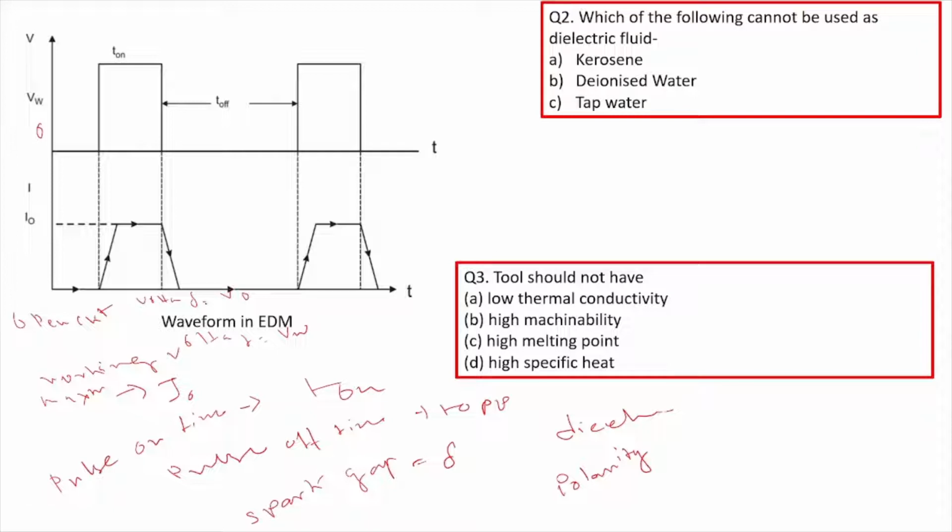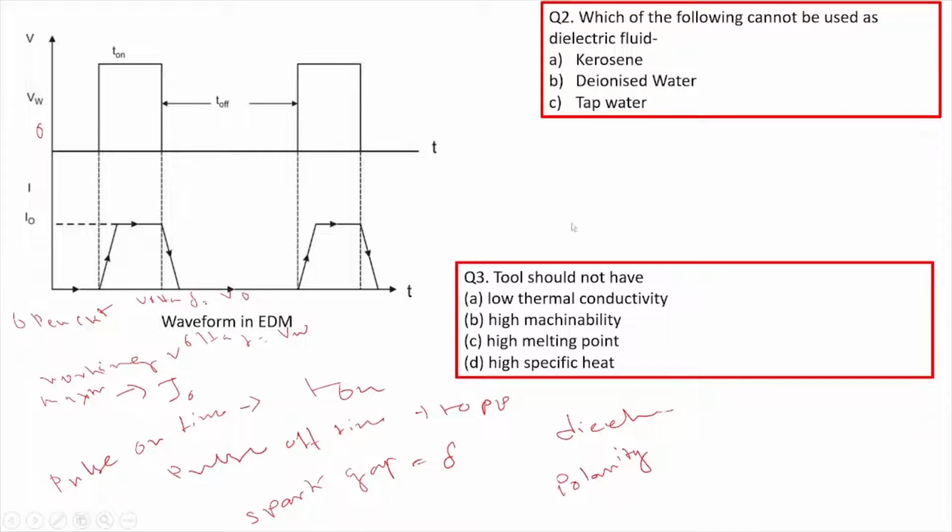When we solve or derive the equations in later slides, we'll see what parameters are used in the diagrams. Then pulse on time is the duration for which the voltage is applied, T on, and pulse off time is T off. Spark gap delta is the gap between the tool and the workpiece. Dielectric medium is there, and polarity, where the tool is connected to the positive and the workpiece to the negative, as we have seen, right?